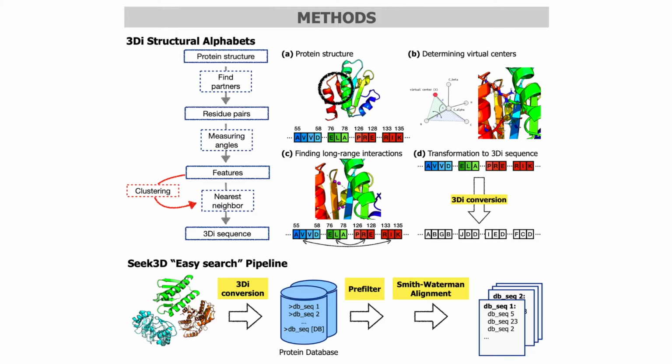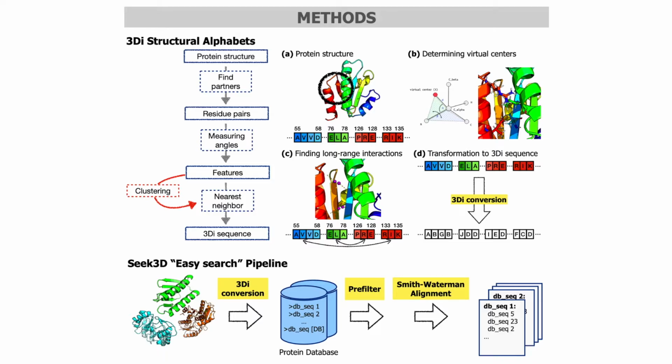The goal of our 3Di alphabet is to better describe parts of the protein tertiary structure. In order to do so, we need to consider not only the backbone conformation, but also the long-range interacting residues. So to define the residue-residue distance, 3Di used a completely free position called the virtual center, which is defined by three parameters: the angle of the plane containing C alpha, the angle of the plane containing C beta, and the distance relative to the backbone.